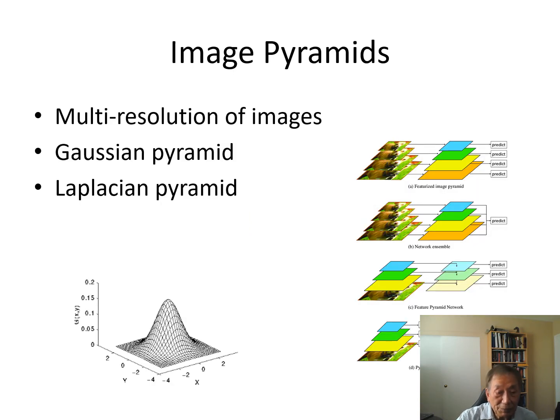Then there are image pyramids, which is more like a grid issue. As I told you, there are different layers. Go to Google Maps or Google Earth or some other mapping utilities.